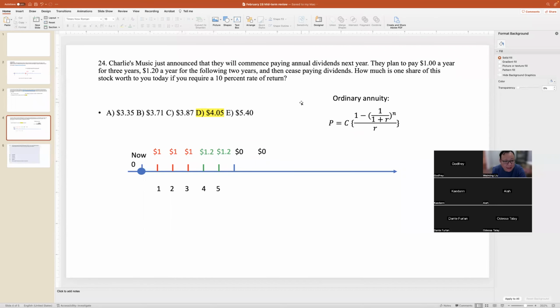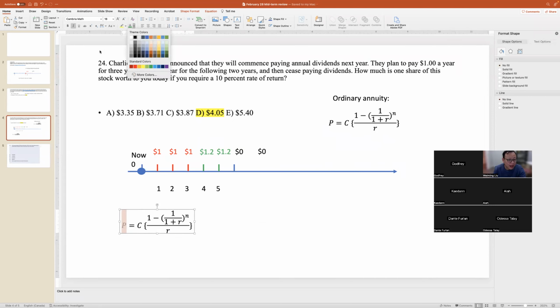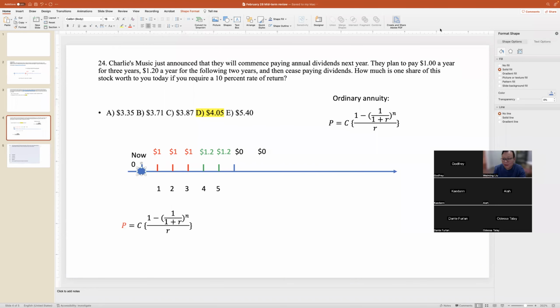So in this case, when I do the calculation, I want to calculate red first. For this red ordinary annuity, I'm having here a red PV, because it's representing the red stream of cash flows.